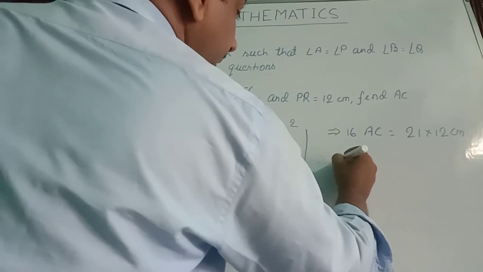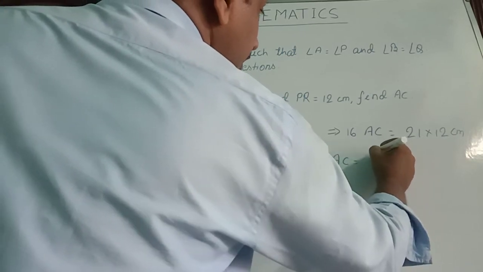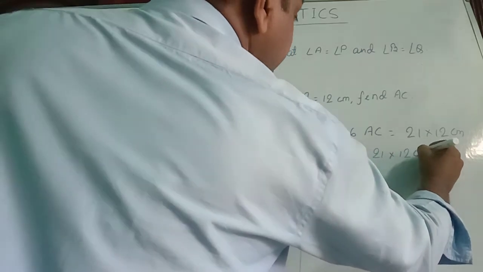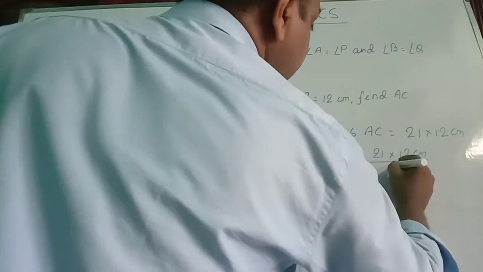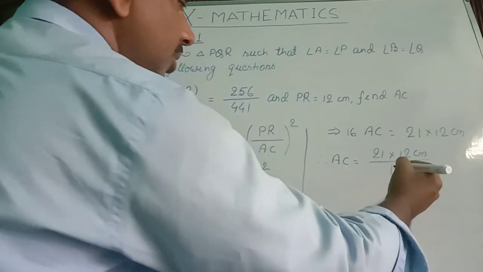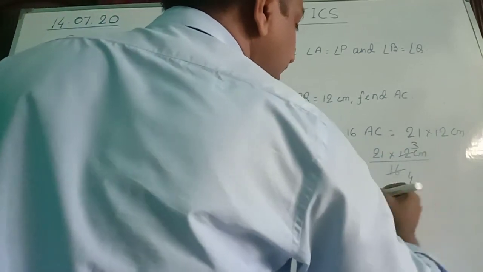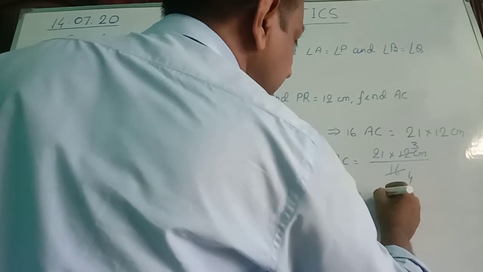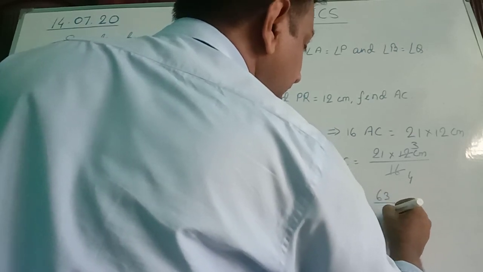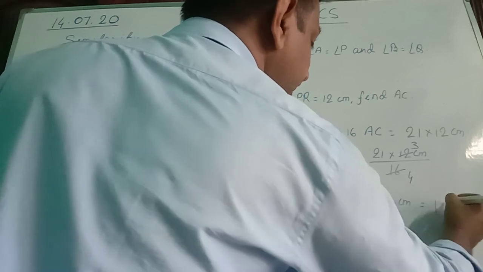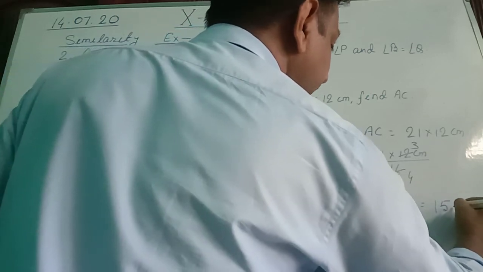Therefore, AC equal to 21 into 12 centimeter by 16. So what are we getting? 4 fours are 16, 4 threes are 12. So this became 63 by 4 centimeter.